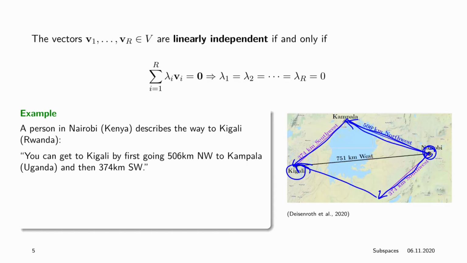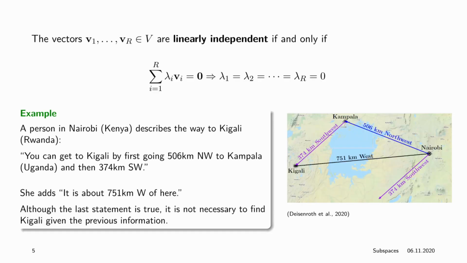In fact, with these two vectors you can represent all of R squared. So just by putting different numbers here in the front, you could in principle reach any point in this map just by somehow always going a bit in this direction, then a bit in this direction, then a bit in this direction, and so on.